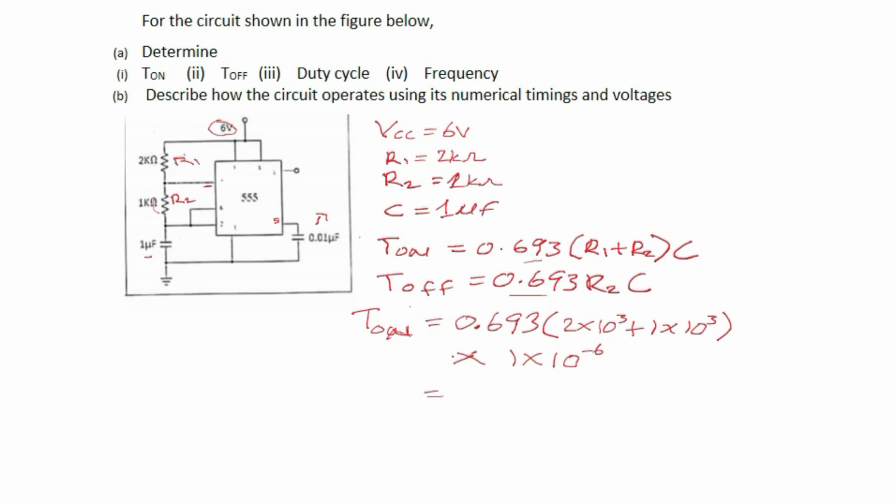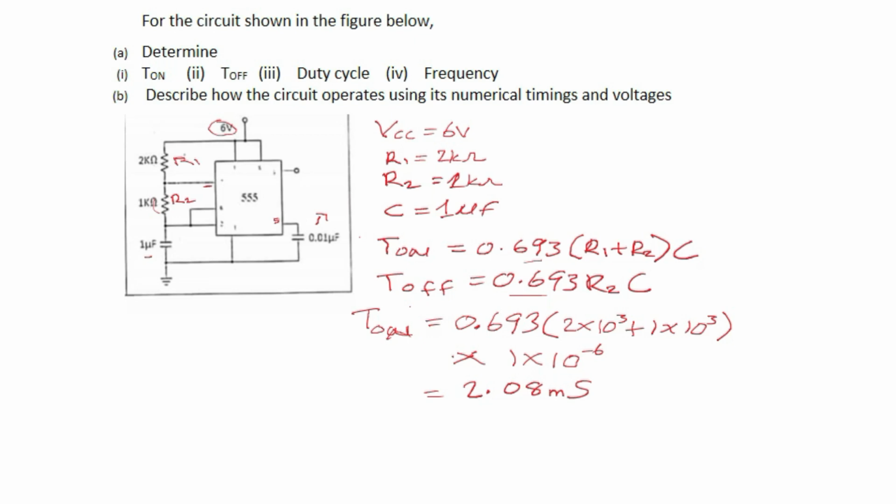Now, grab your calculators and calculate. What do you have as your result? Calculating this now, we have our answer to be 2.08 approximately millisecond. Milli because we got our answer in times of 10 raised to the power minus 3, right? So it's in milli. Now we have our time on.